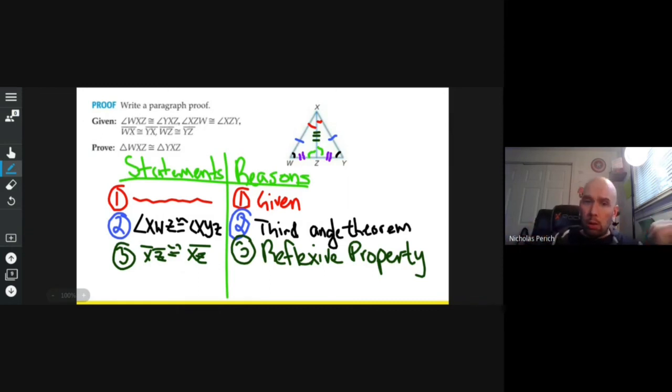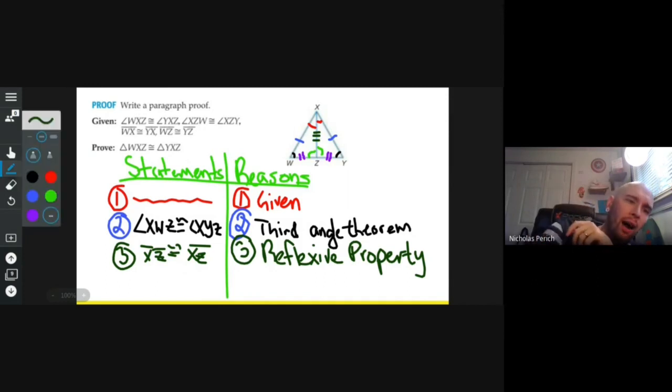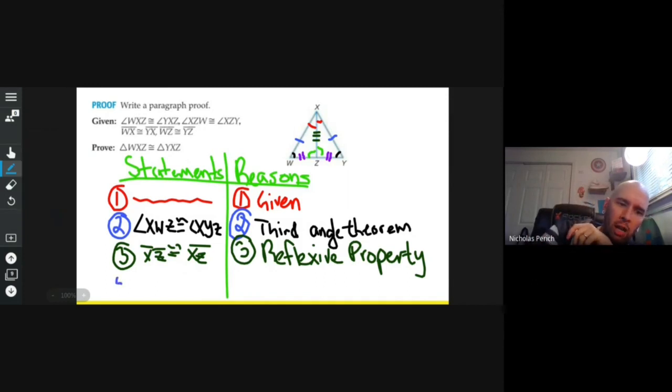Now, see these three sides? We have two shapes. All the angles are congruent. All of the sides are congruent. Now I can finally say in my last step of this proof that the two triangles are congruent. So I could say triangle WXZ is congruent to triangle YXZ.